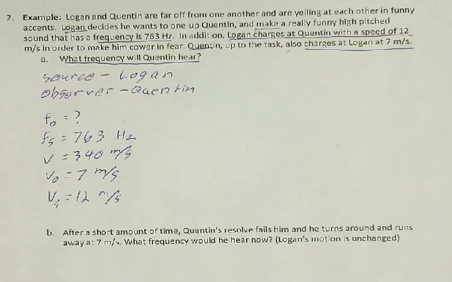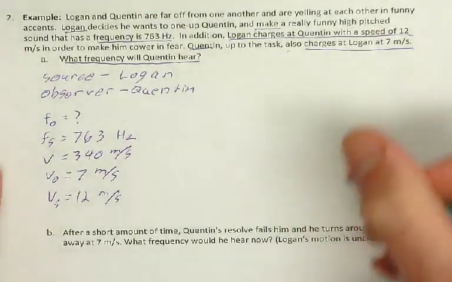So now we've got all the things. We know who the source is. We know who the observer is. We know all the values, frequency, velocities. We got everything we need. So now we're ready to set up the equation.